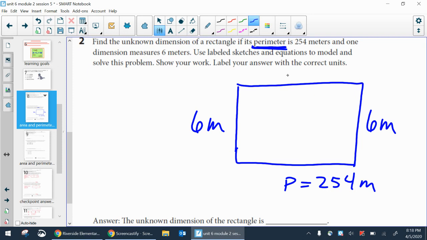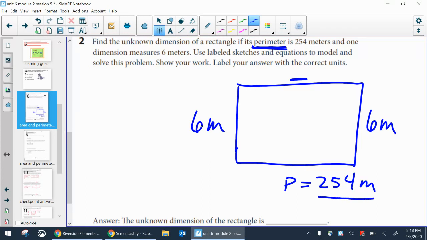So from here, I'm trying to figure out really what this side measures in its length, and then realize that that's doubled down here. So I could look at it like, all right, this side plus this side plus this side plus this side is going to equal 254 meters. All 4 sides added up are going to equal 254.